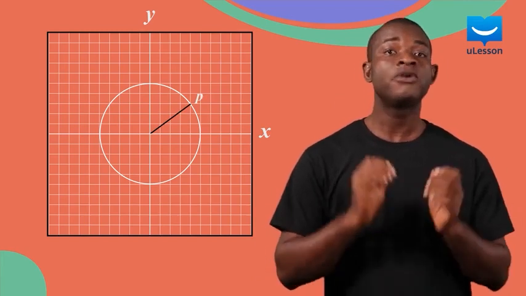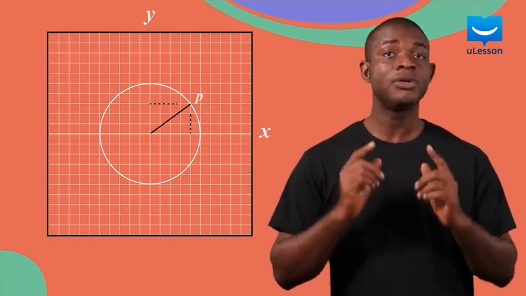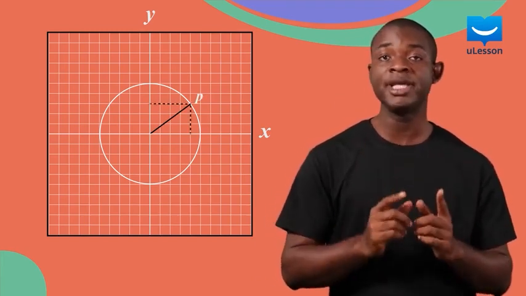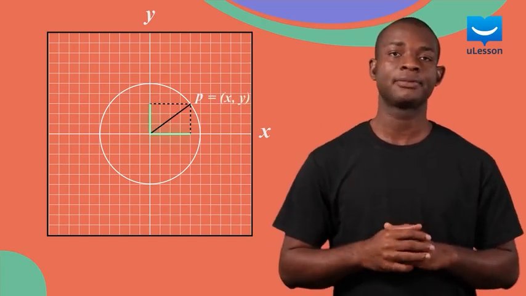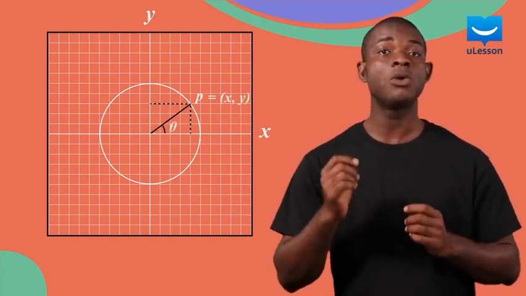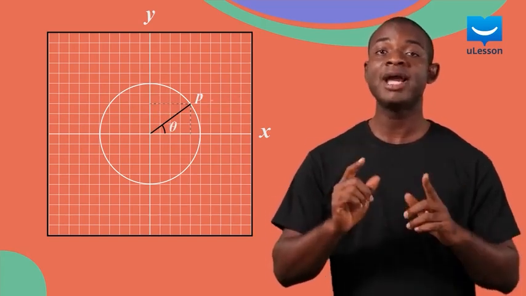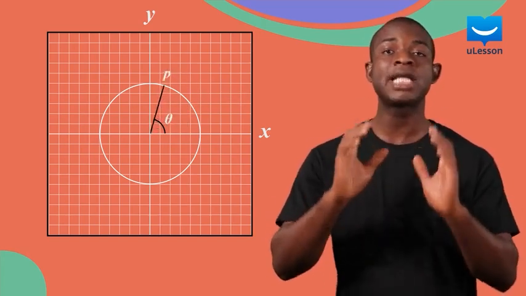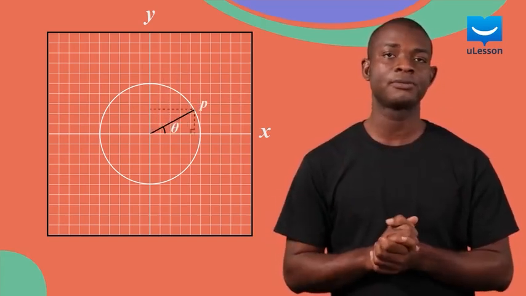Now, from your previous knowledge of graphs, you can see that the coordinate of P is (x, y). You can see that the angle which the radius of the circle makes with the x-axis varies with the position of P on the circumference of the circle.